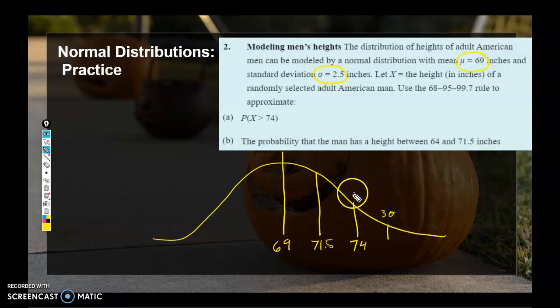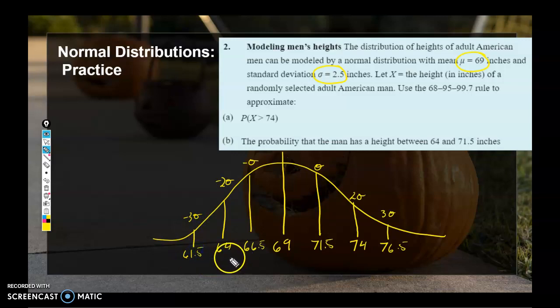This is 1, this is 2, this is 3 standard deviations. To the left, -1 standard deviation, that's going to be 66.5. 2 standard deviations to the left, minus another 2.5, that'll be 64. Minus another standard deviation to the left, subtract 2.5 again, this would be 61.5.